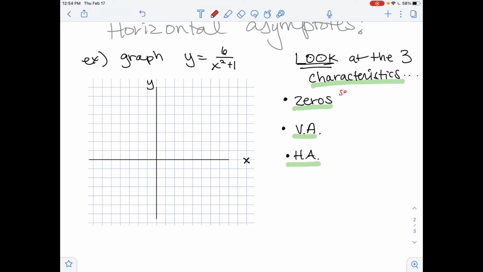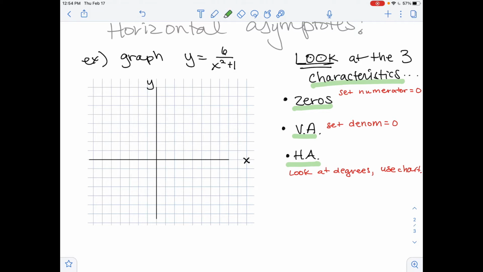Remember that for zeros we set the numerator equal to 0. For the vertical asymptote, we set the denominator equal to 0. And for the horizontal asymptotes, we look at the degrees, and then you're going to use the chart that we just made. So let's go ahead and do that.